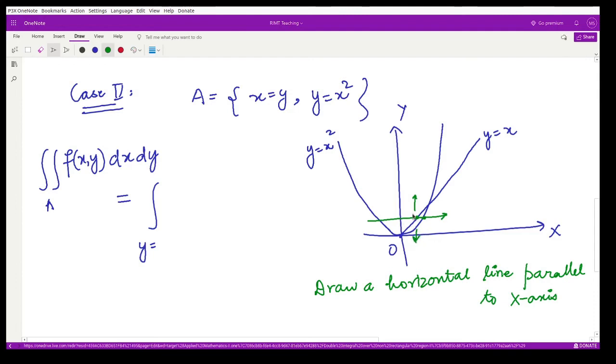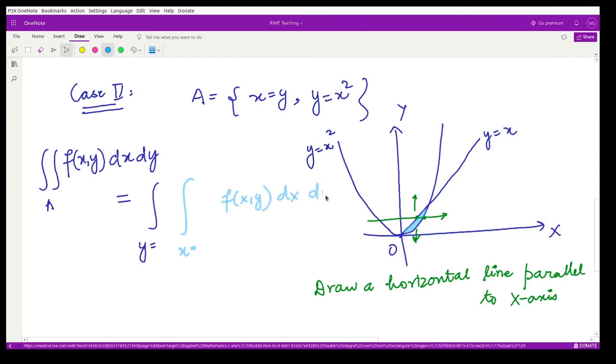So here we have to paint this particular region. Painting this region, you will move your brush like this so that the whole region is covered. First of all, we see the limits of y, then the limits of x.